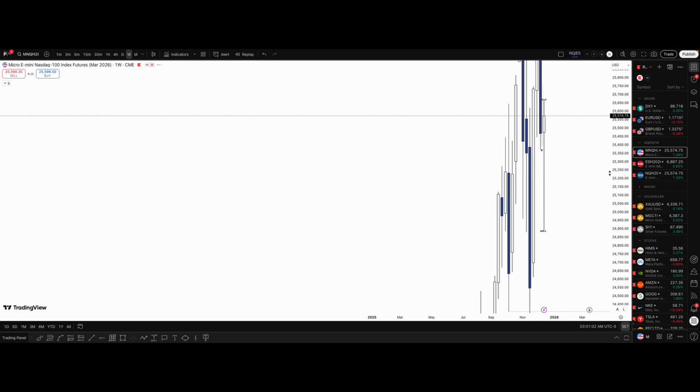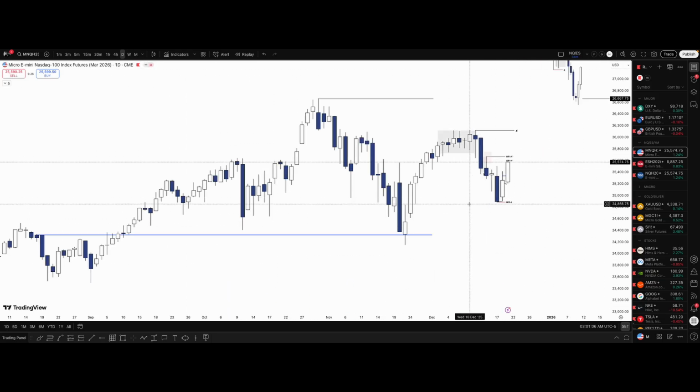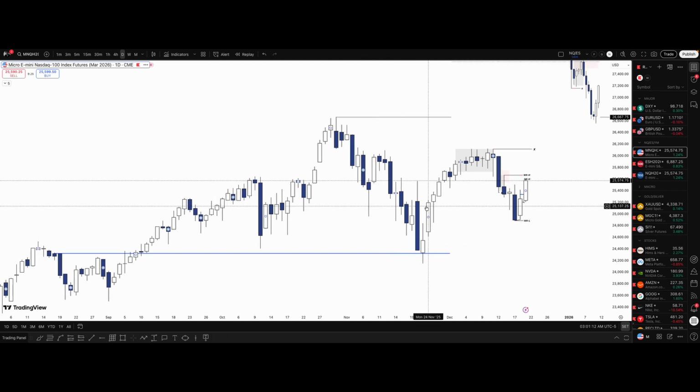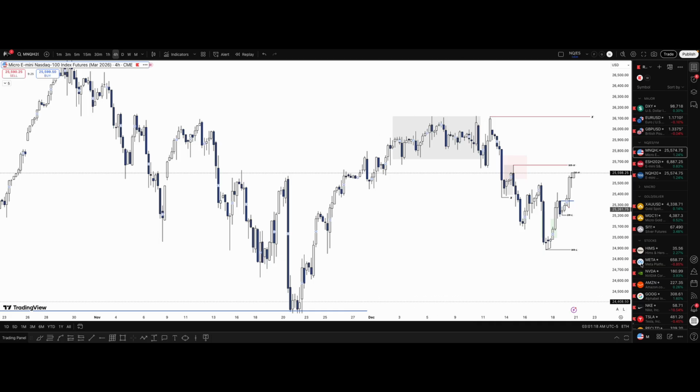If I go to weekly chart, or if I go to a daily chart, what do you see? The price comes and taps some sort of liquidity, right? This one, right? And then it took out what?